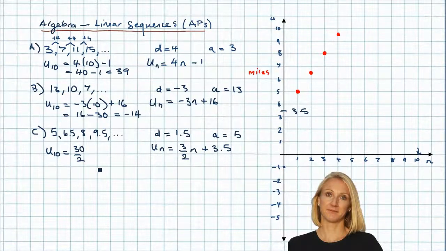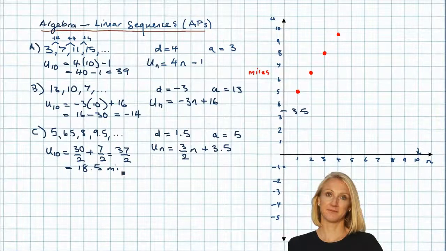Plus 3.5, which is 7 over 2. Gives us 37 over 2, which is, well, half of 30 is 15, and half of 7 is 3.5, so 18.5 miles.